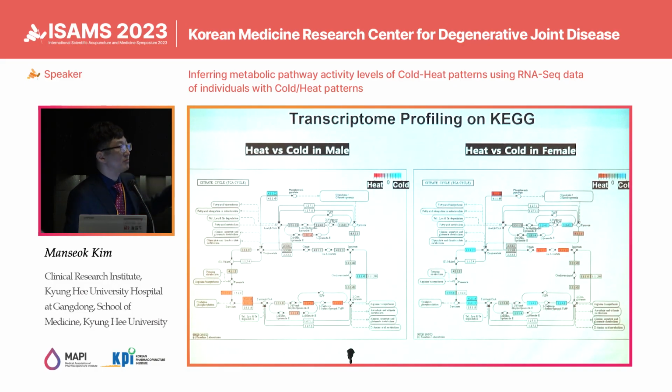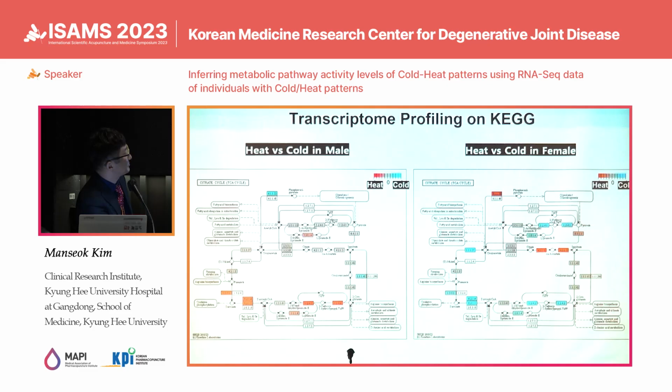As we have already seen, the heat map of the TCA cycle, as you may remember, did not give a clear pattern. As we can see here, it doesn't really give a clear pattern between heat and cold, but it definitely shows a different pattern between male and female.